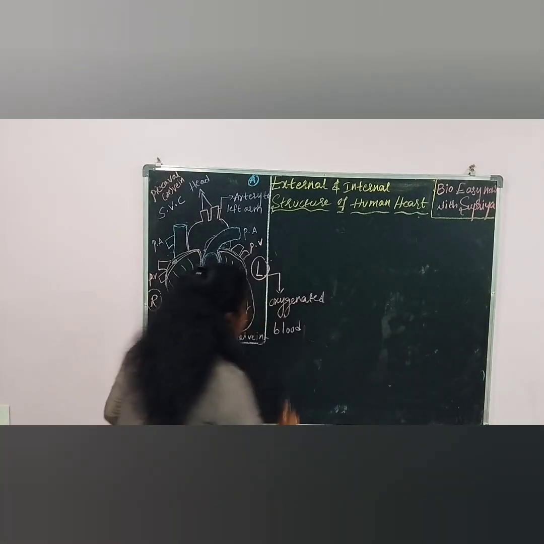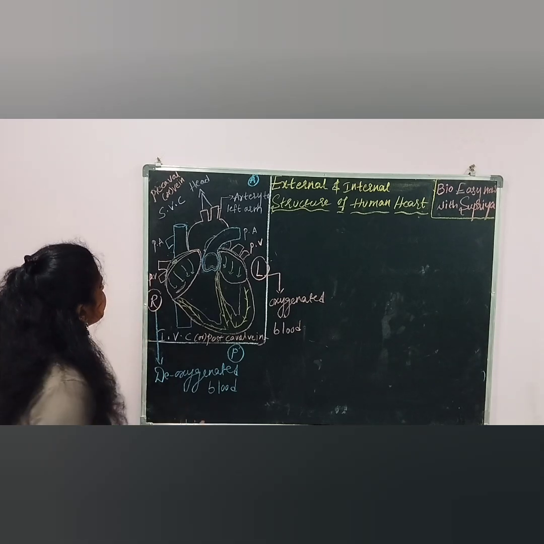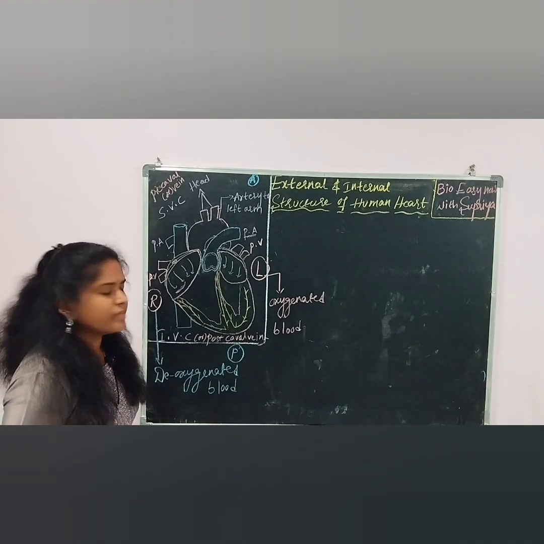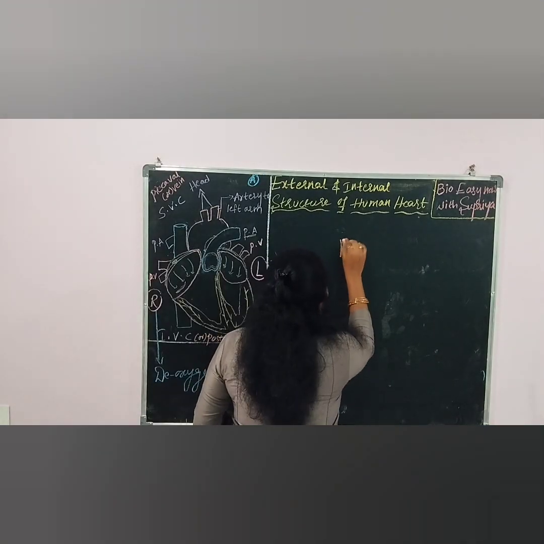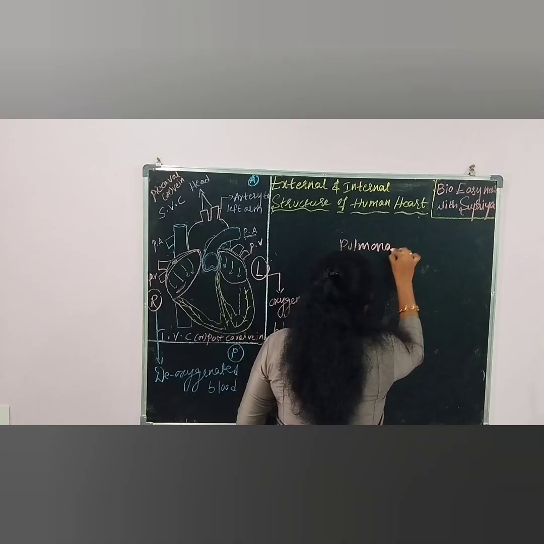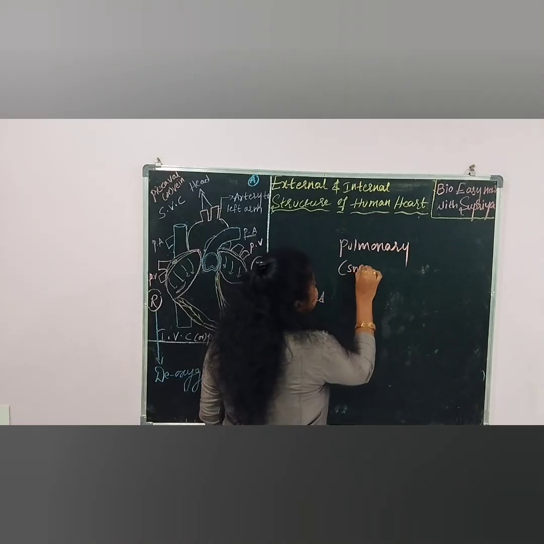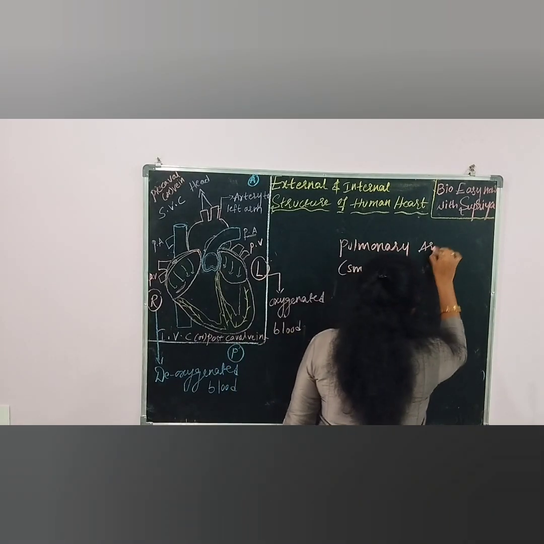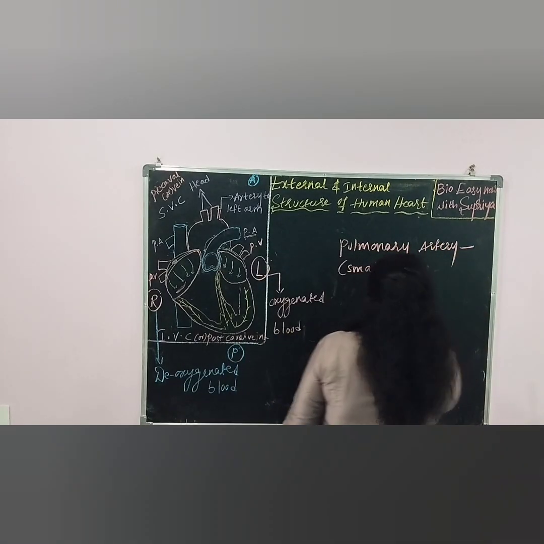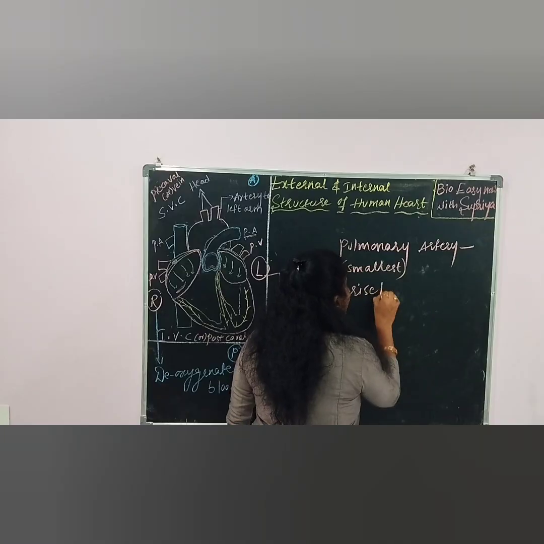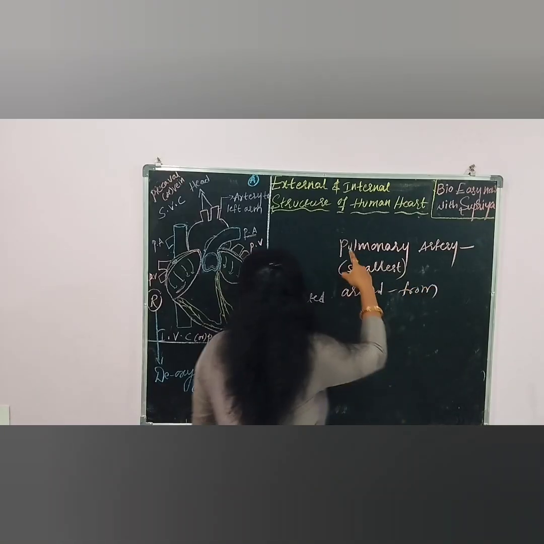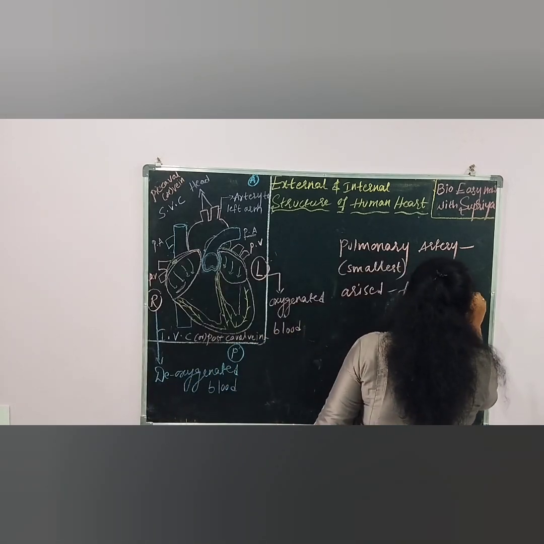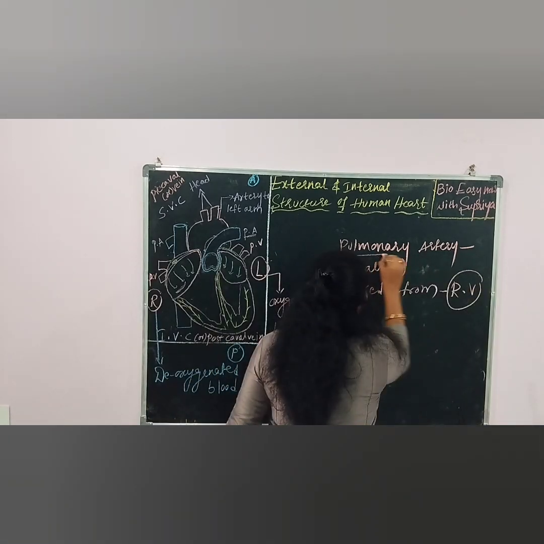Next, here this is the pulmonary artery. The pulmonary artery is the smallest artery, and it arises from the right ventricle.